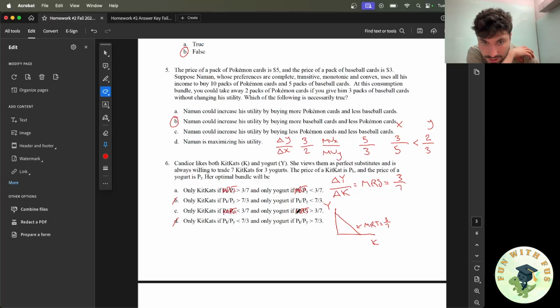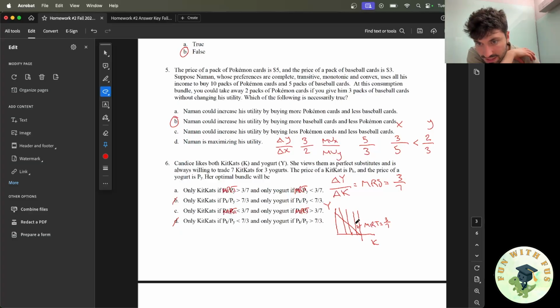And if our MRT was less steep than our MRS, then that would mean that I'm going to draw MRSs that are more steep. And what's magical about this is I can keep going with these MRSs, these indifference curves, until I hit the highest one.